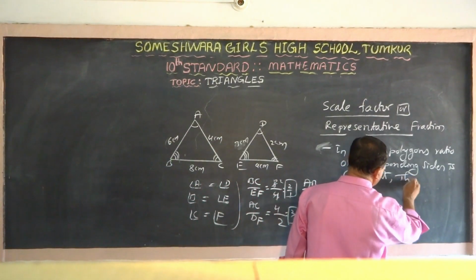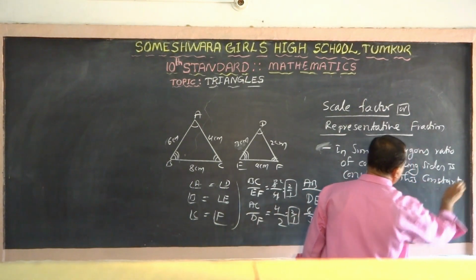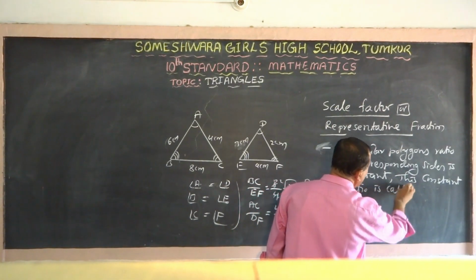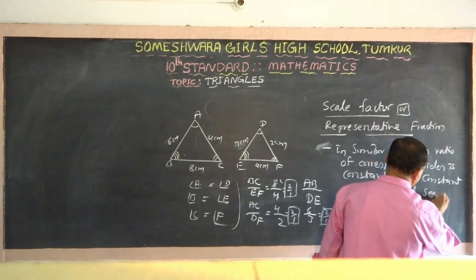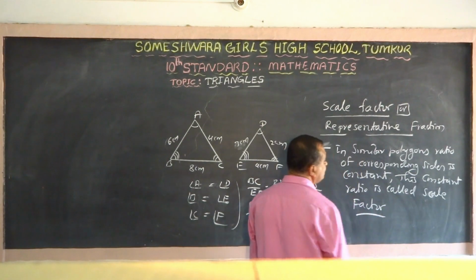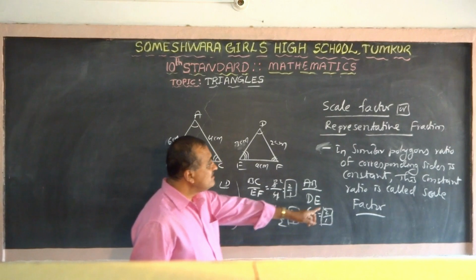This constant ratio is called scale factor.